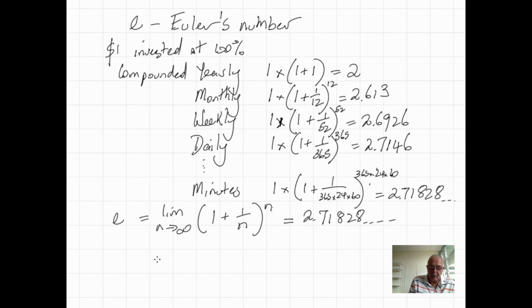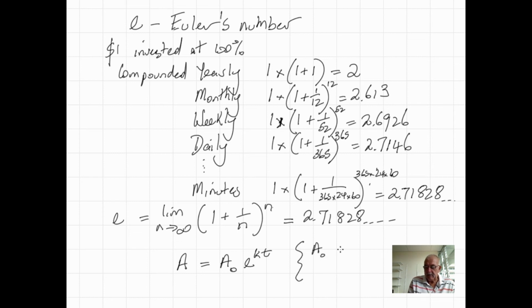The exponential function looks a little bit like A equals A0 e to the kt. e is Euler's or the exponential number.